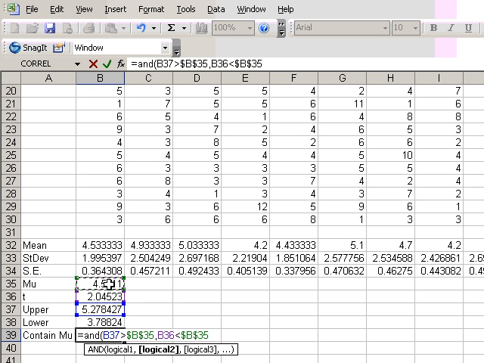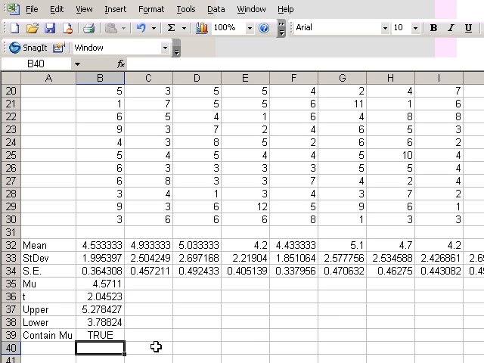Now, if this is true, that is, if the true mean is contained within the limits, the result will be true. If not, the result will be false. When I hit enter, I get true. Yes, the true mean is contained within the limits.